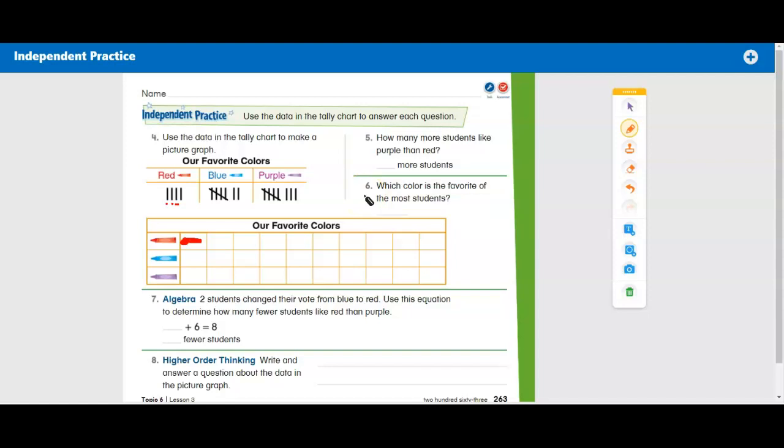For number 6, it says, which color is the favorite of the most students? So look at the data in our tally chart, see which one has the most tally marks, and write the name of the color for number 6.